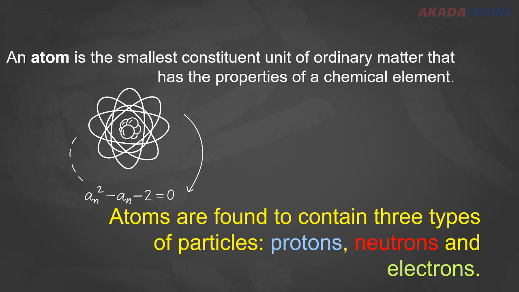An atom is the smallest constituent unit of ordinary matter that has the properties of a chemical element. Atoms are found to contain 3 types of particles: the protons, neutrons, and electrons.